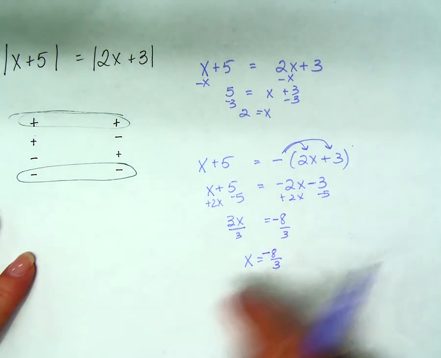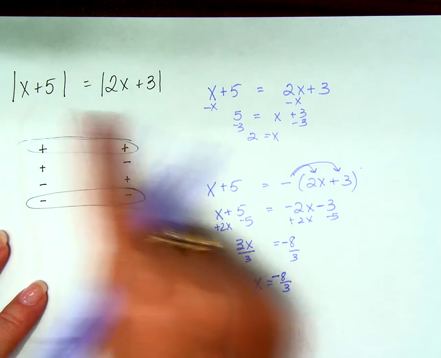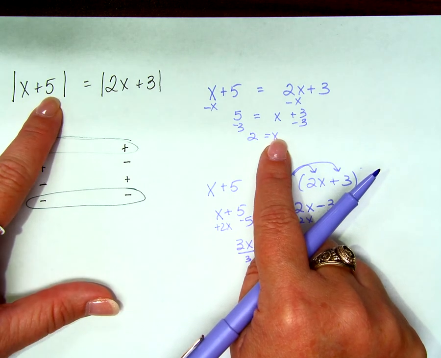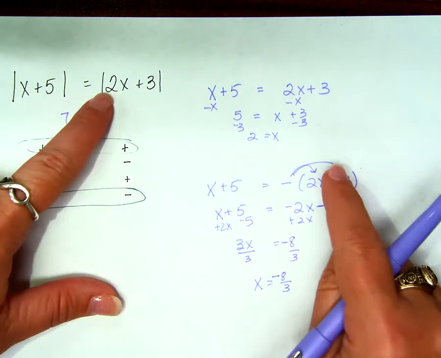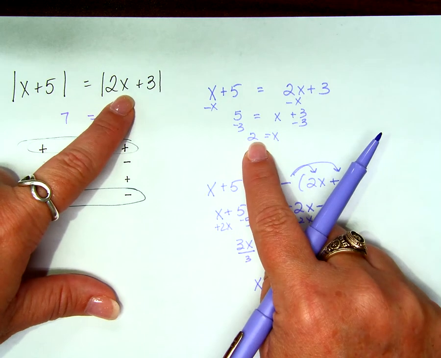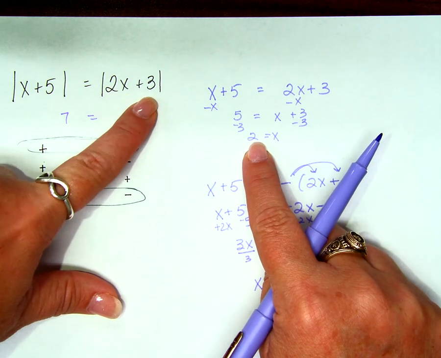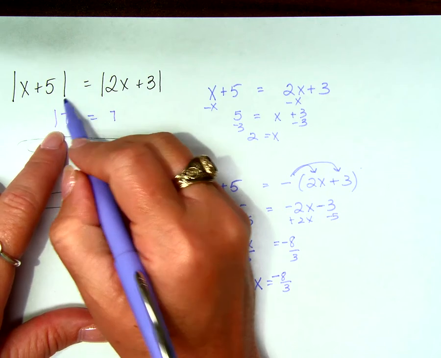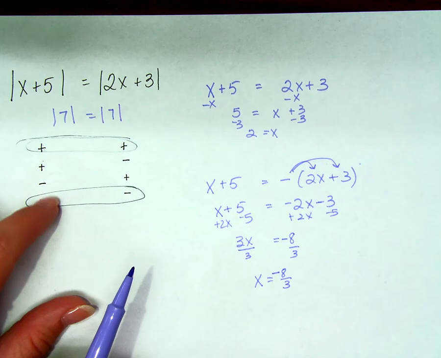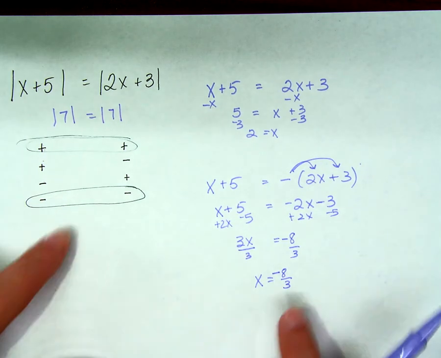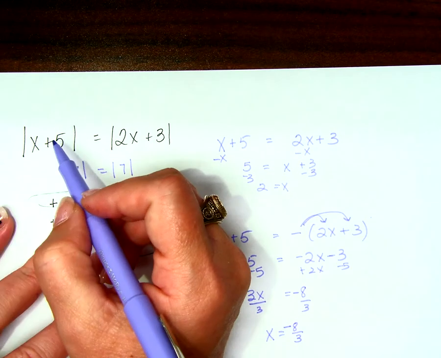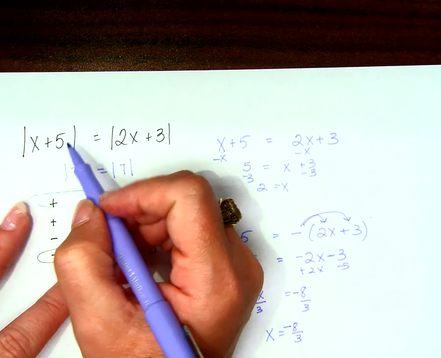So are they right? 2 plus 5, 7. 2 times 2, 4 plus 3, 7. Does the absolute value of 7 equal the absolute value of 7? Yes. Okay. So negative 8/3 plus 5.